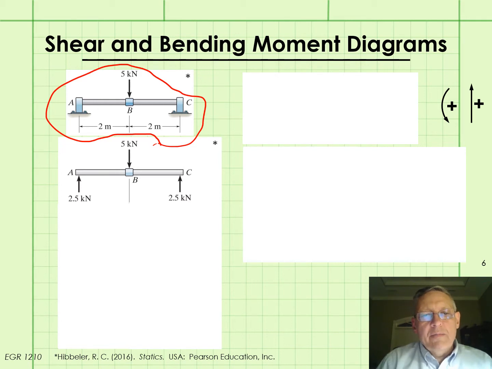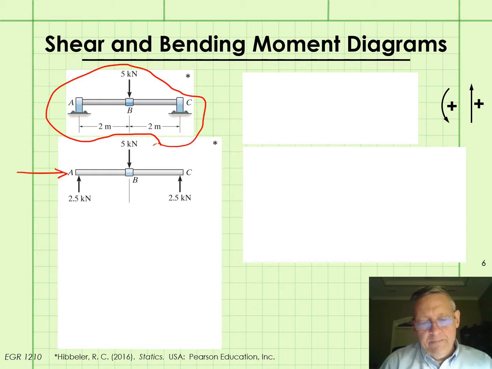We do have support reactions, which we can determine by drawing a free body diagram of the beam and solving for those support reactions as we've done in the course over the past few weeks. And we find that those support reactions are both equal to 2.5 kilonewtons, as we suspected based on the symmetry present in the problem.